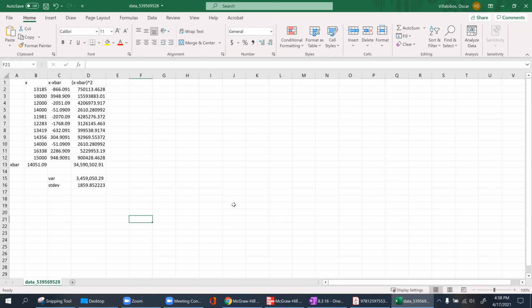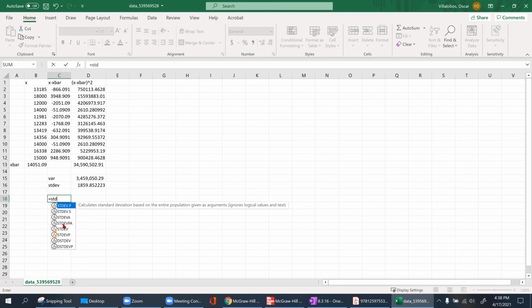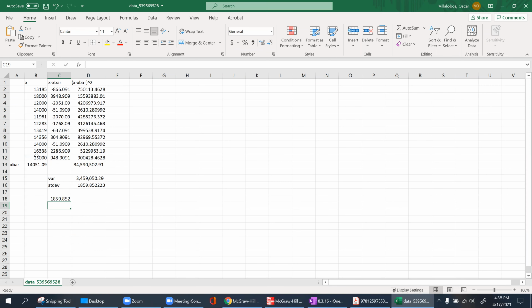Let's say you wanted to check your work. I understand you may want to check all of this, so use the code for standard deviation on this entire column. There we go, it's the same thing. The wonderful thing about Excel is you can always check your work. And again, I'm not going to give you these values in the millions.